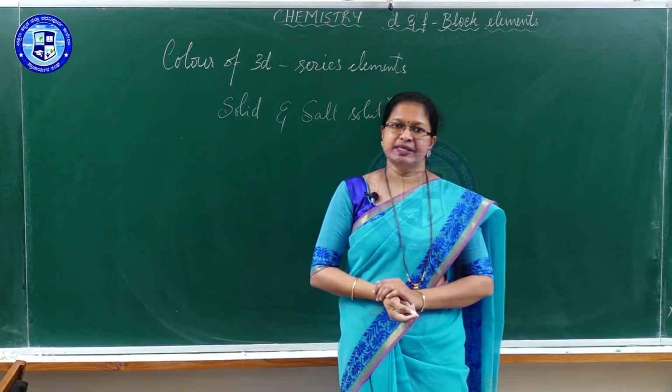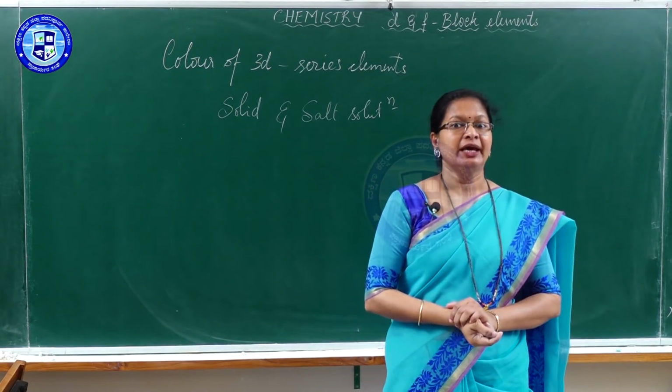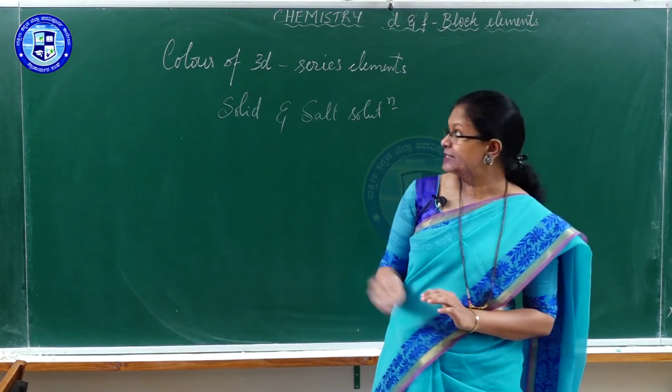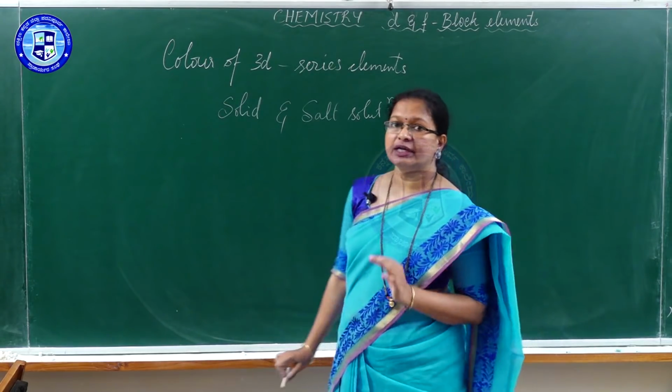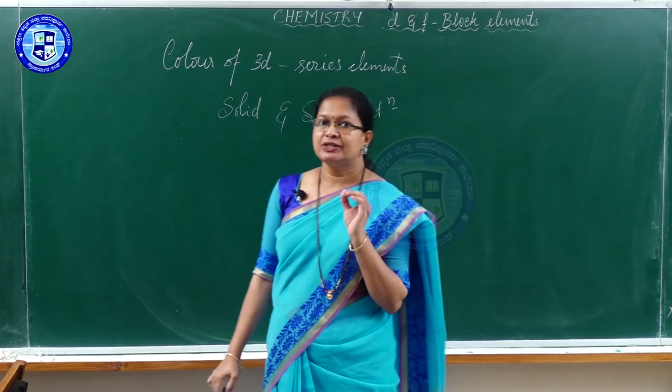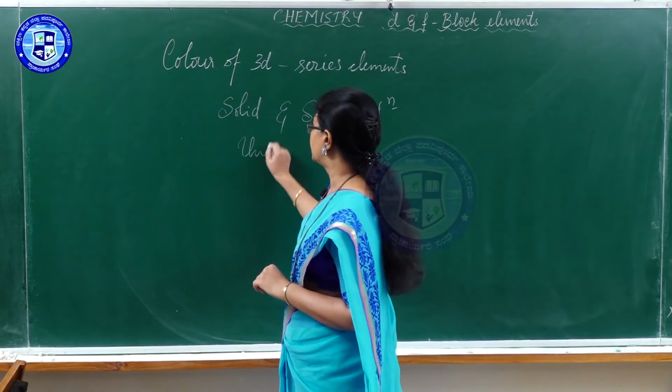We are going to see the reason for the substance to be colored, which is explained under color of transition elements. The reason for the color of these transition elements is just the presence of unpaired electrons.